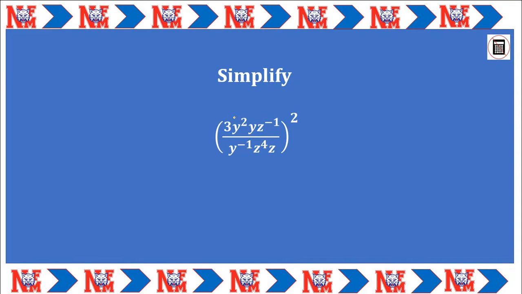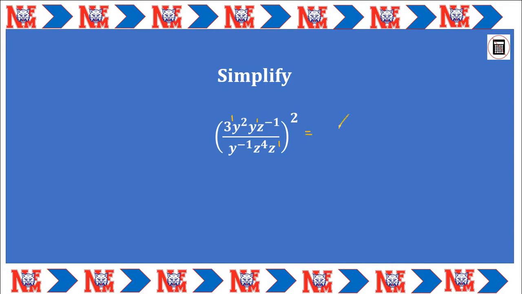Okay, let's count how many factors we have here. We have 1, 2, 3, 4, 5, 6, 7. However, notice, before I start distributing, I have several y factors and several z factors. So I'm going to go ahead and use the product rule and the quotient rule.